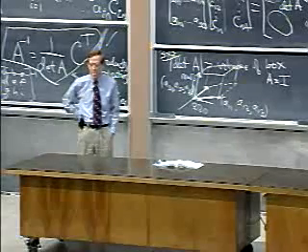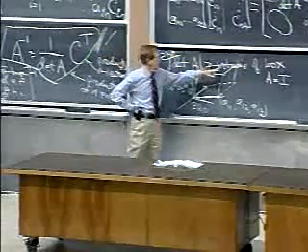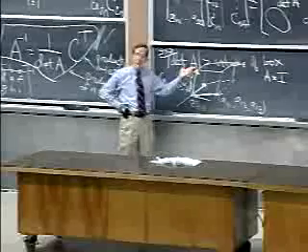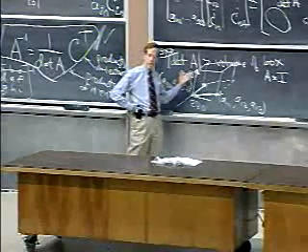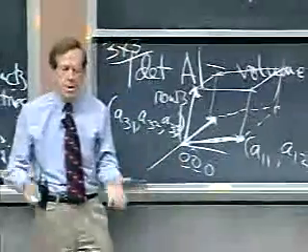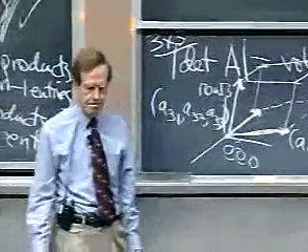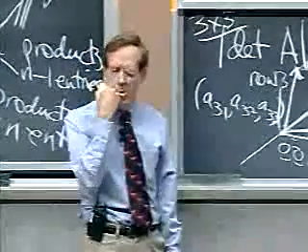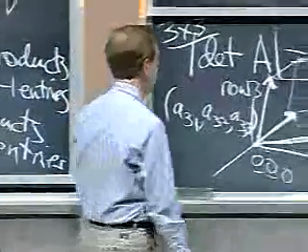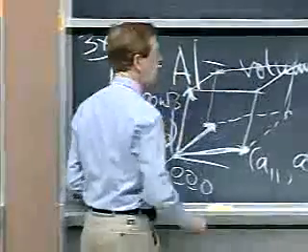Actually, if we can show that the box volume has the same 3 properties that define the determinant, then it must be the determinant. That's the elegant way to prove this amazing fact that the determinant equals the volume.